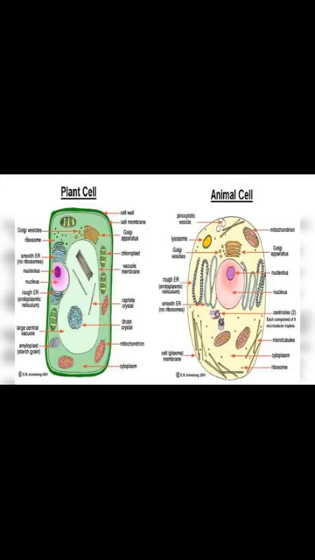Not only that, the main important unique feature seen only in plant cells is an extra layer present around the cell membrane. This is the animal cell membrane and this is the plant cell membrane. Outside the cell membrane, plants have another layer, the cell wall. This is the main difference we can see in plants.